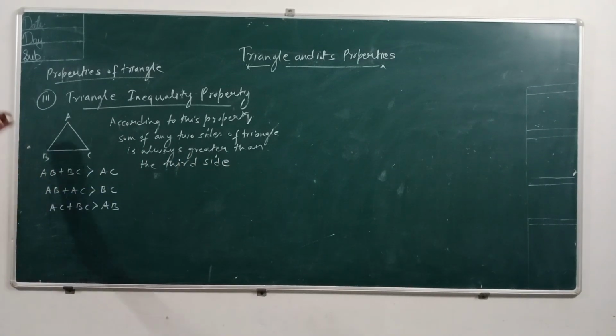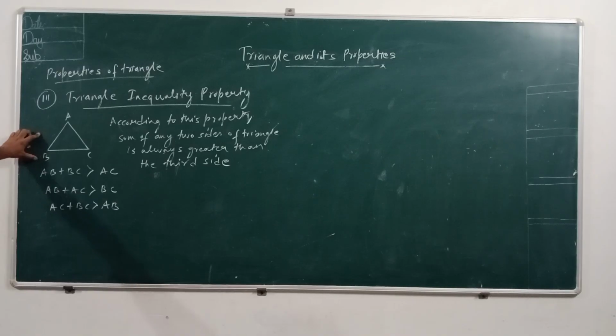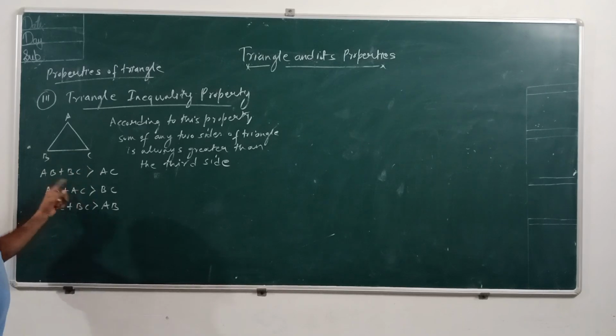Okay, so see here, ABC is a triangle. If you take the sum of any two sides, then that sum will be greater than the third side.